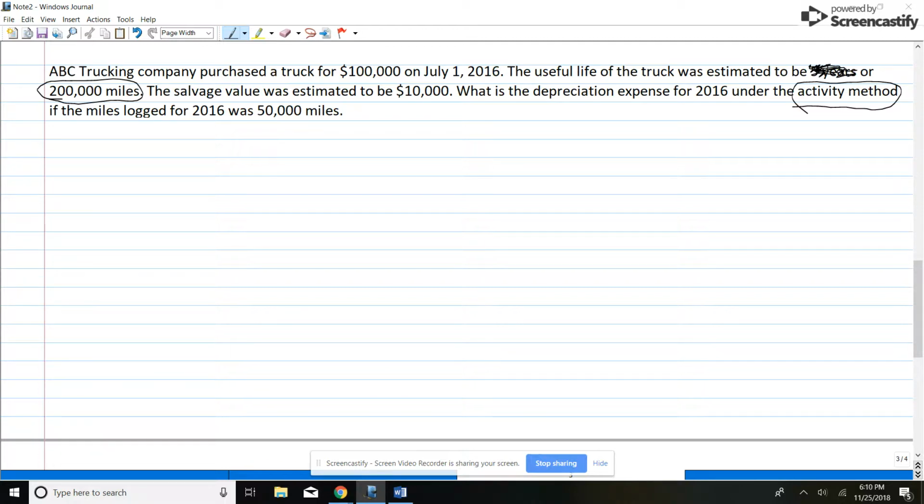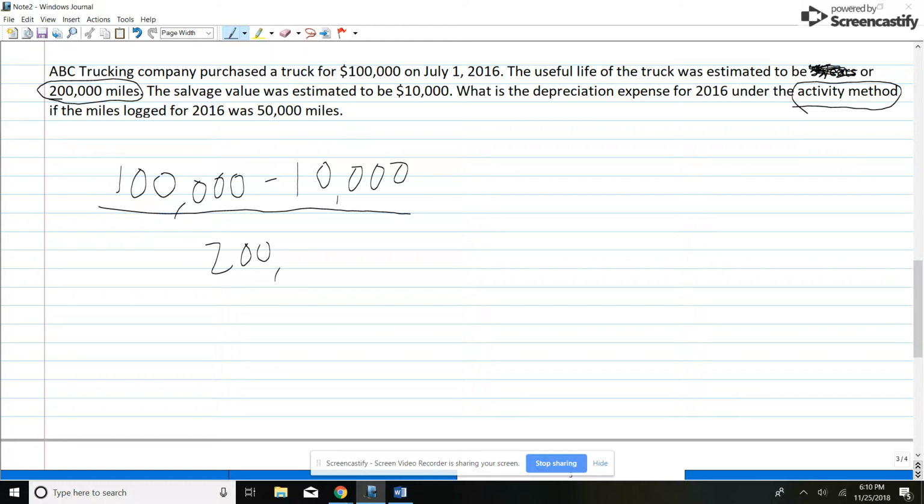And again, kind of the same steps as before. We have the cost minus the salvage value divided by the useful life. So before, when we were doing the straight line method, this would give us our depreciation for every year.